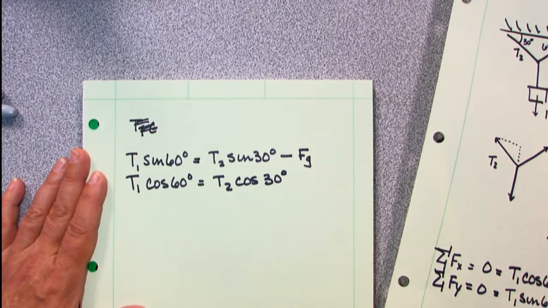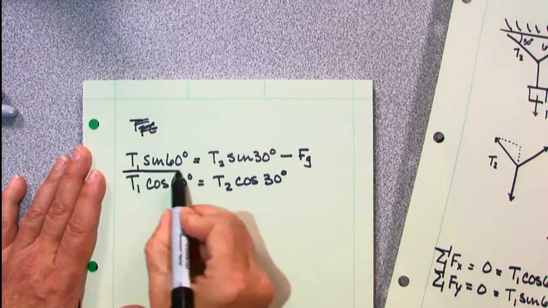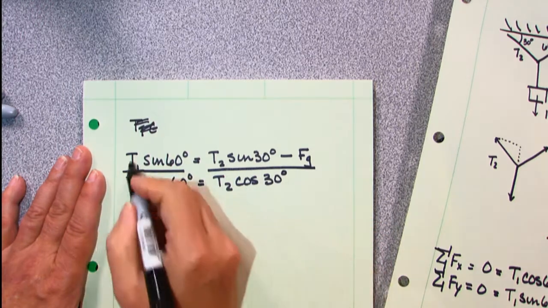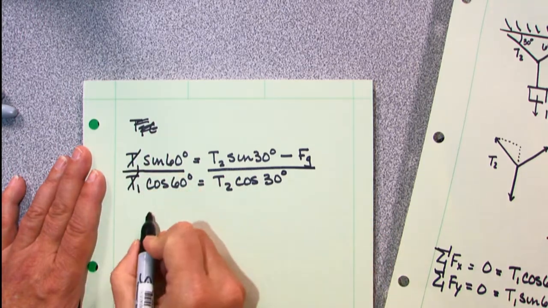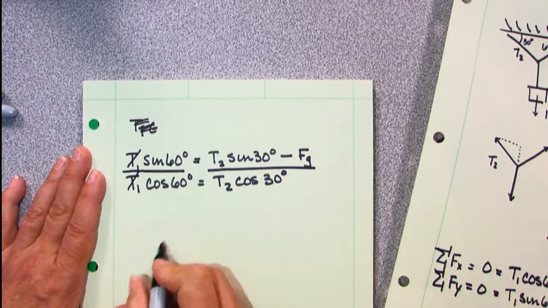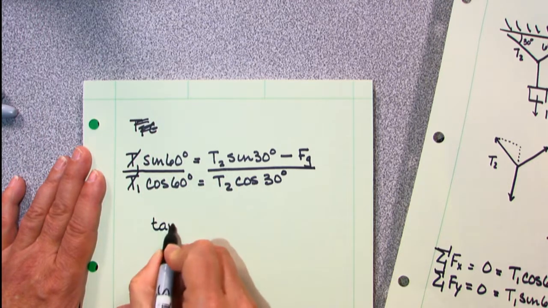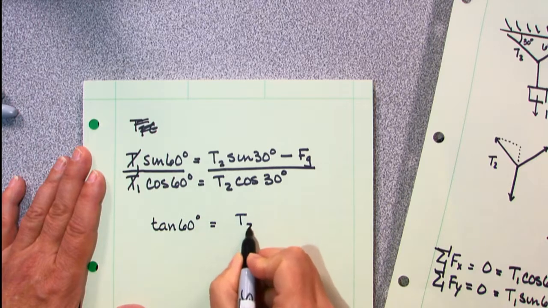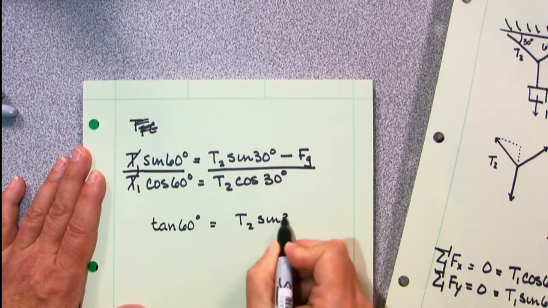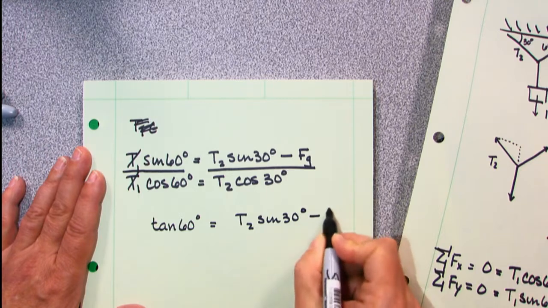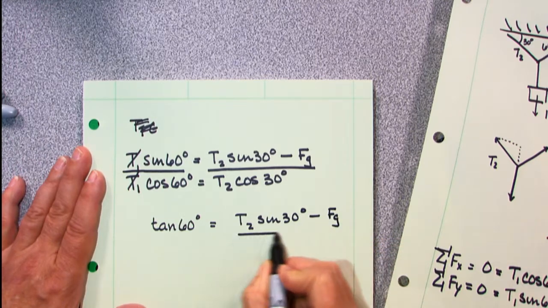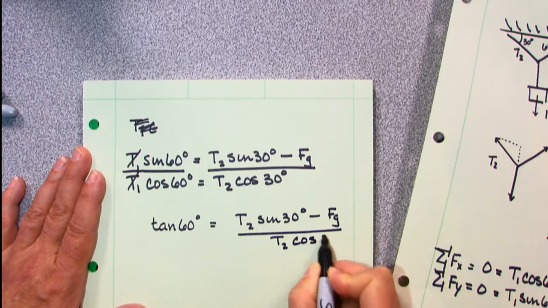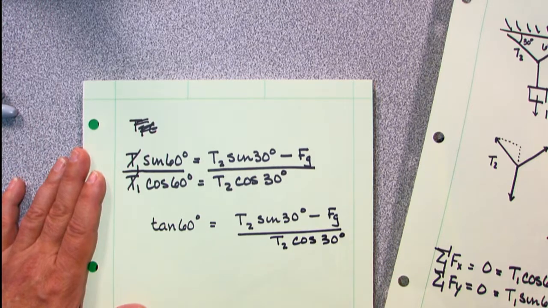I'm going to divide the two equations. If I divide the two equations, T1 cancels out. Sine of 60 over cosine of 60 is the tangent of 60 degrees. And this equals T2 sine 30 degrees minus the force due to gravity, divided by T2 cosine 30 degrees.